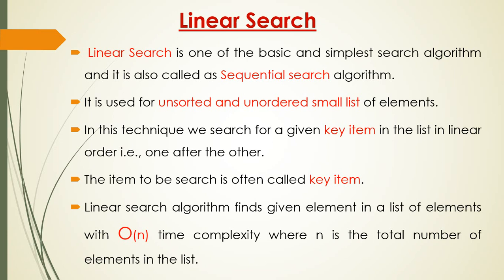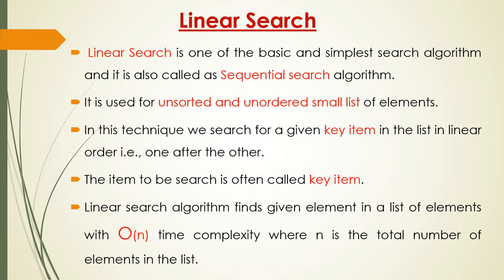If you want to search a specific item, it is not compulsory that the list or the array elements must be sorted. The array elements may be in any order, unordered, unsorted. The linear search can be used on those lists which are unsorted or unordered.